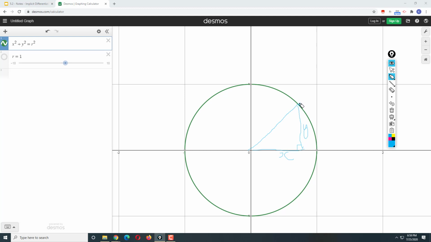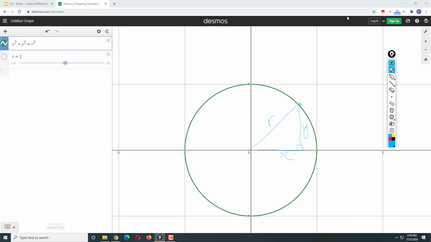So this is the x that goes to the point. This is y that goes to the point from the x from 0. Well, how long is the hypotenuse? By the Pythagorean theorem, that's just x squared plus y squared. But that's also the radius of the circle. So by the Pythagorean theorem, x squared plus y squared equals r squared.